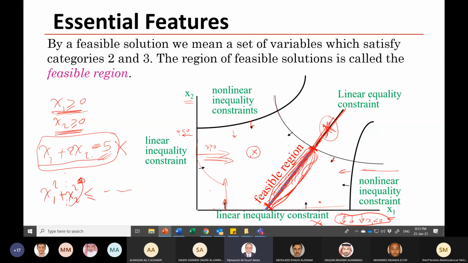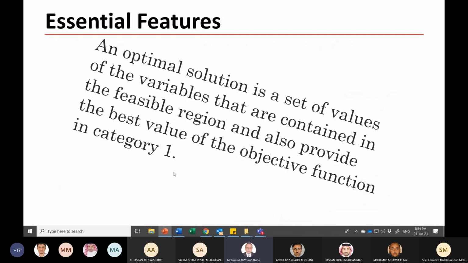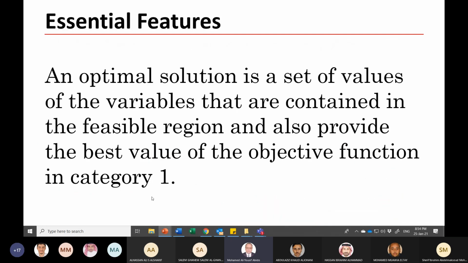So our task now is to find which point of this line will minimize or maximize your performance index or objective function. So this is our task after constructing the feasible region.